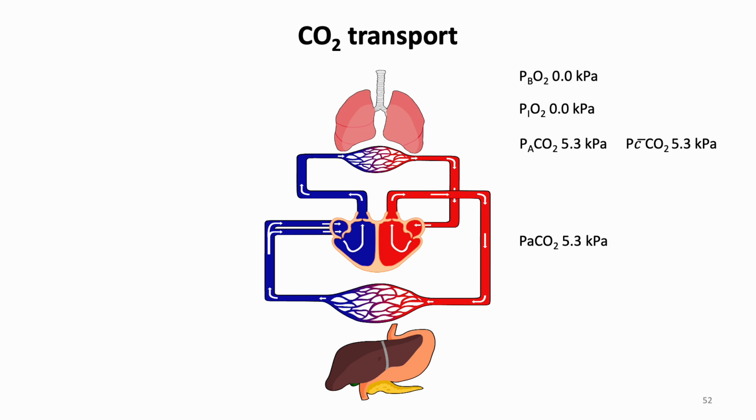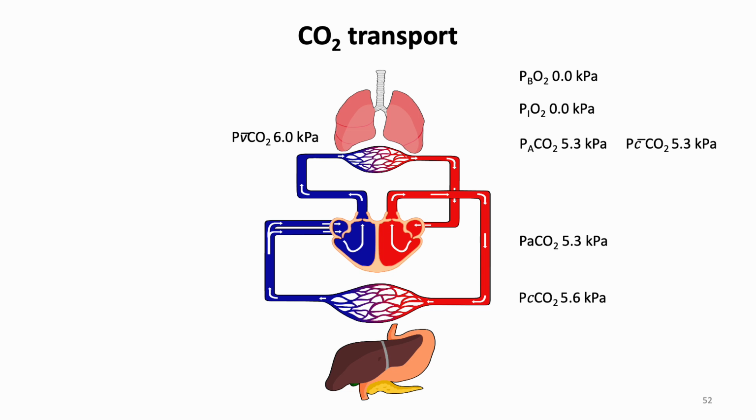All right, so in mid-capillary blood in the tissues, the CO2 tension increases because CO2 is released from the tissues where the metabolic processes take place. In mixed venous blood, it's around 6 kilopascals.